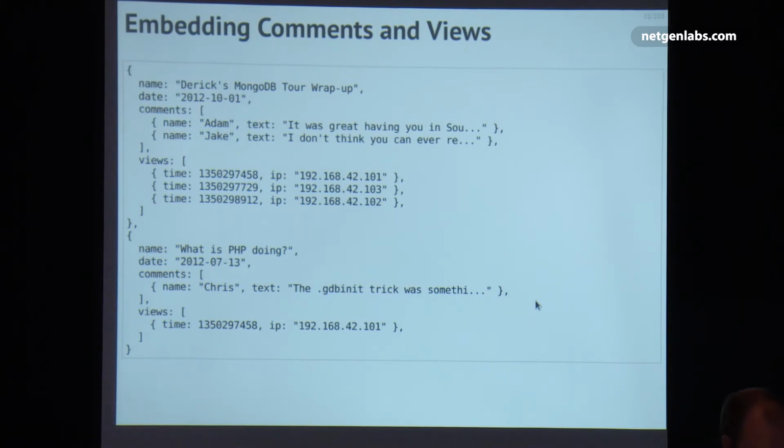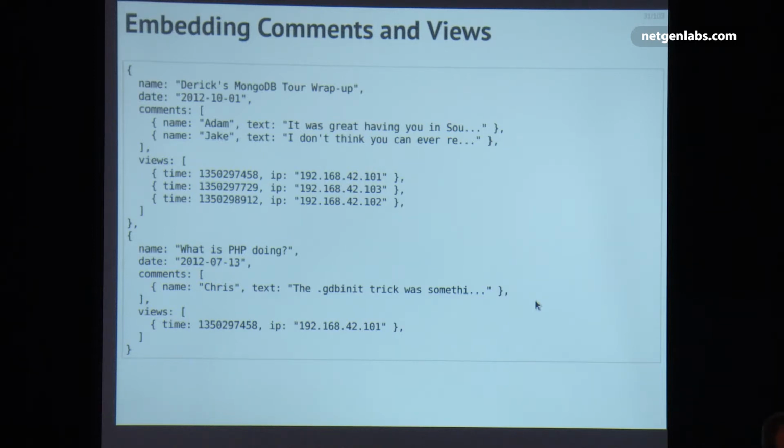In this case, I've decided to store in each entry both the comments and the views. The views is something that gets updated every single time a person views this entry. The comments, of course, is only updated whenever somebody makes a comment. Now, there's a big distinction between those two arrays.